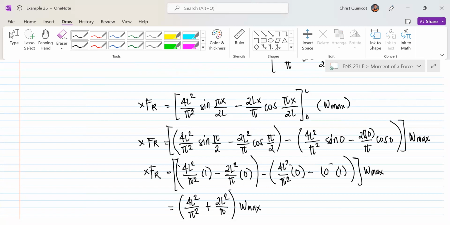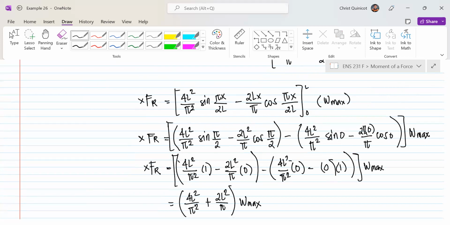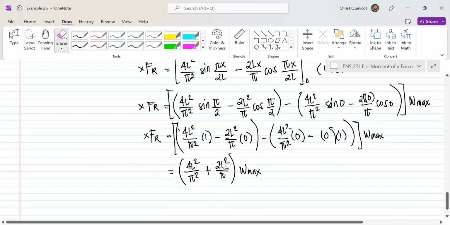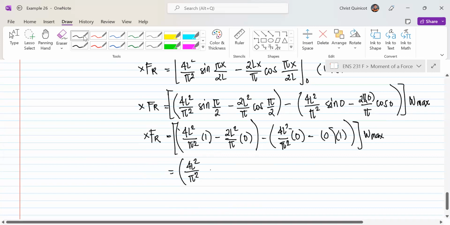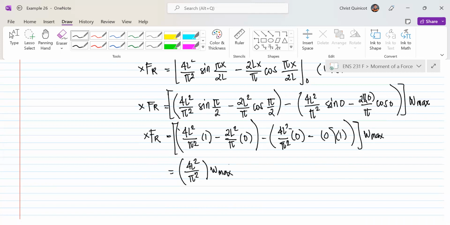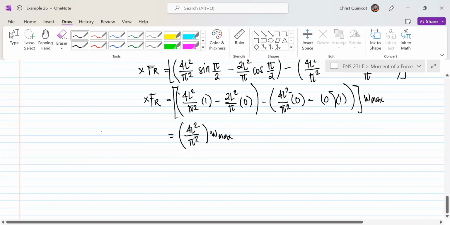Why? Because we have 2Lx. So if x is 0, then 2 times L times 0, 2L times 0 is 0. So it means our final answer should only be 4L squared W sub max, which is equal to our x times F sub R.